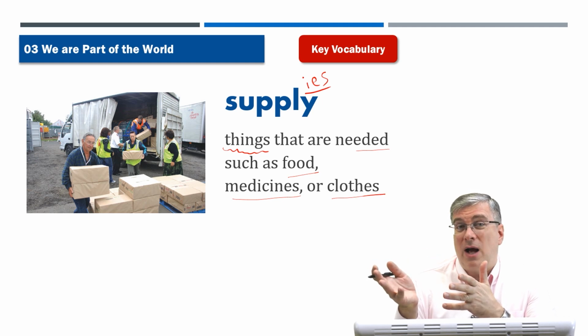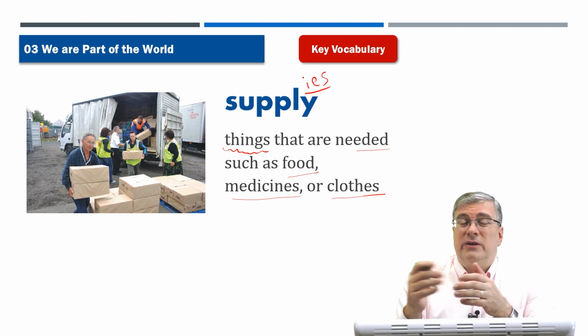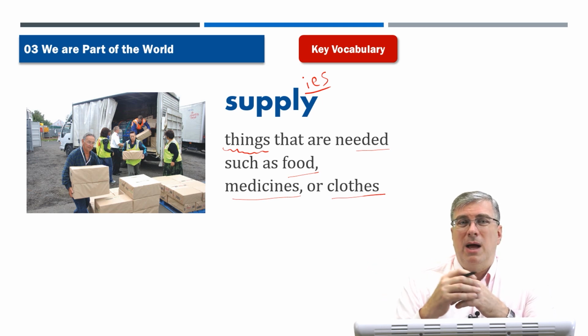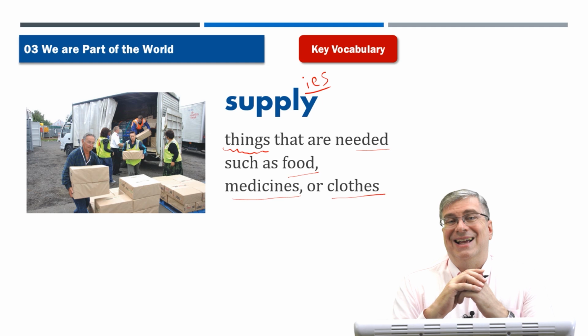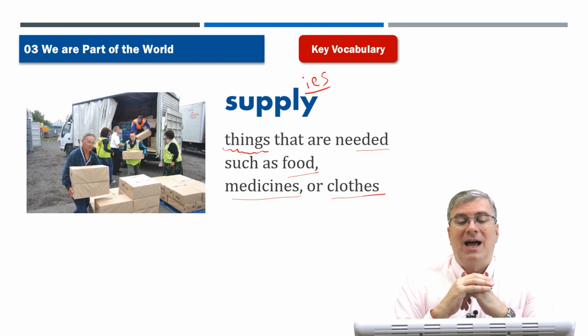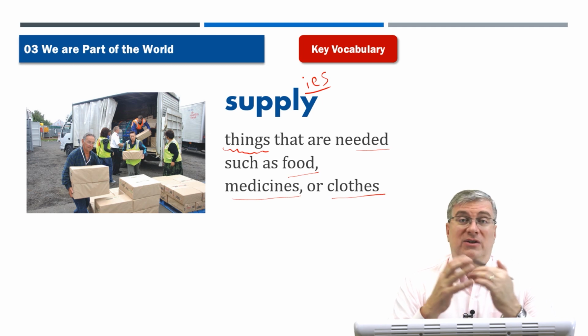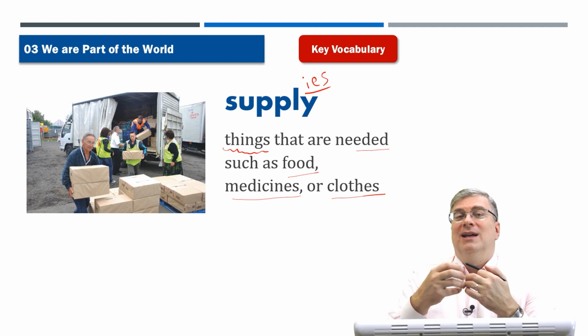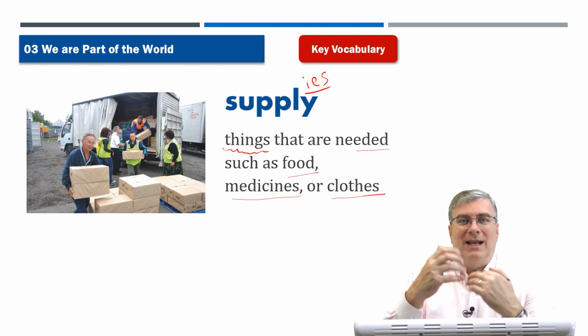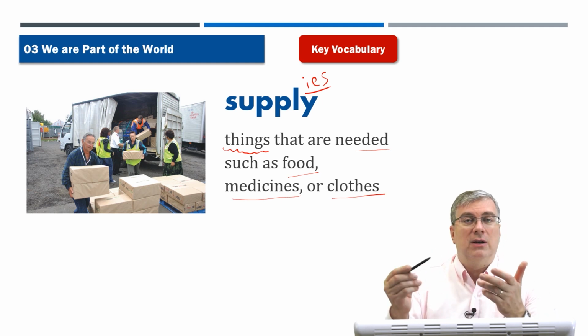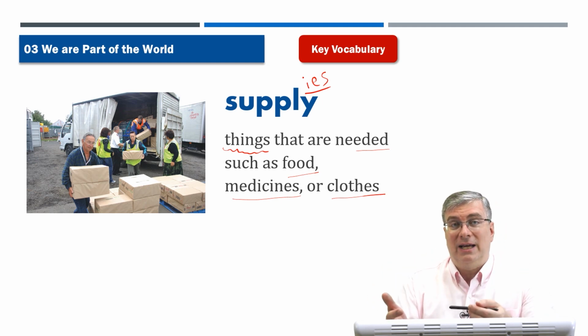They had a fire in their house, right? The family, they had a fire, they lost their home. So you say, well, gee, I want to help them out. So let's give them water, let's give them food, let's give them blankets, clothing. Those are supplies. Okay, so supply is a count noun, and we usually use it in the plural because you don't just give one supply, you give supplies to people, and it's various things, food, medicine, clothes, those are supplies.